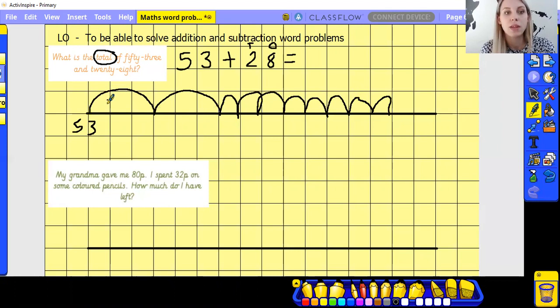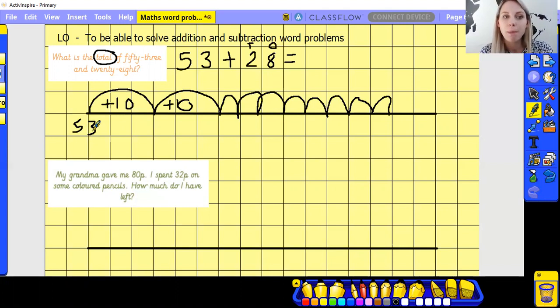And I'm just going to write that these are plus 10 to remind myself that these were my 10 jumps. And I'm not going to bother writing plus ones in my ones jumps just because there's not much space and I can remember that they're just ones.